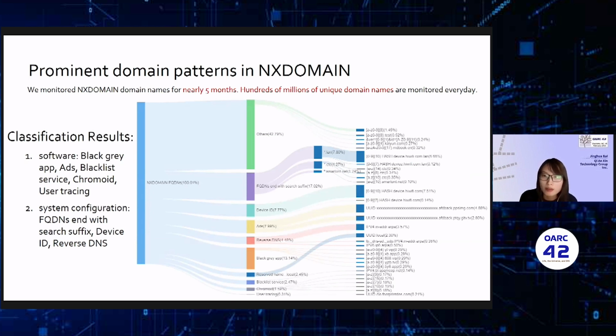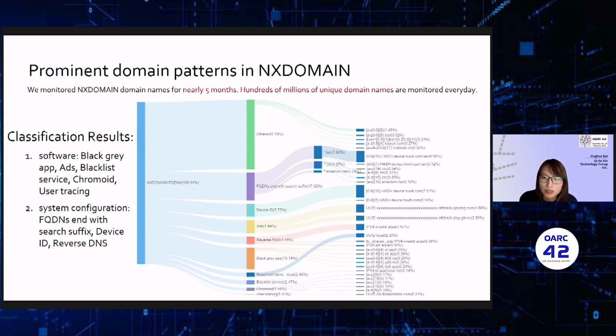Over nearly 5 months, we kept a close eye on NXDOMAIN responses from our recursive resolver through hundreds of millions of unique domain names daily. We generalized the query names into regex-like domain patterns as shown in the third column, and we ended up with two main buckets: those triggered by software issues and those by system config problems.